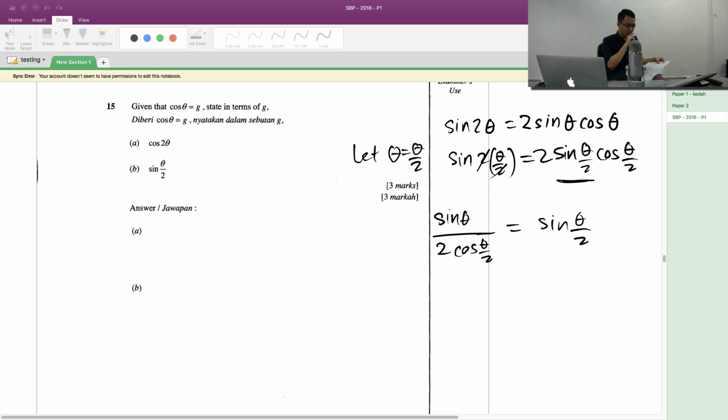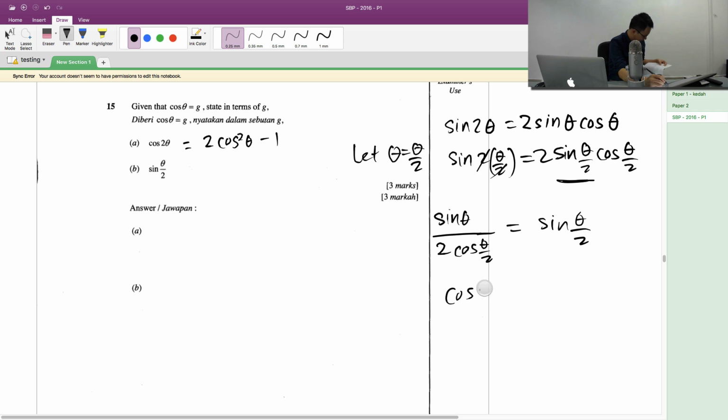Two cos square. For this one, we have 2 cos square theta minus 1. But the question is actually about sine. So basically we're trying to use the cos 2 theta formula. Another formula for cos 2 theta is 1 minus 2 sine square theta.